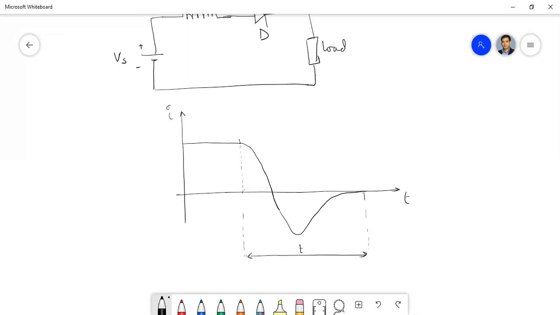Now this time, when the current crosses zero, is called the T fall time, and the rest of the time in off time is termed as reverse recovery time, TRR, which has again two components, T1 and T2.